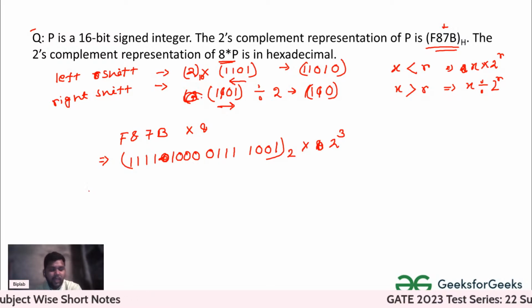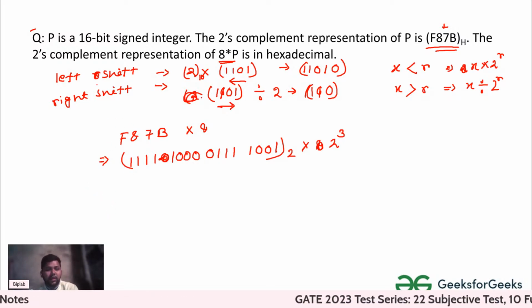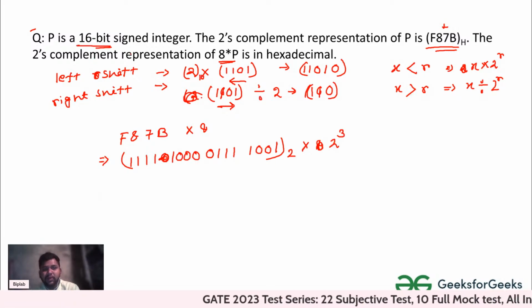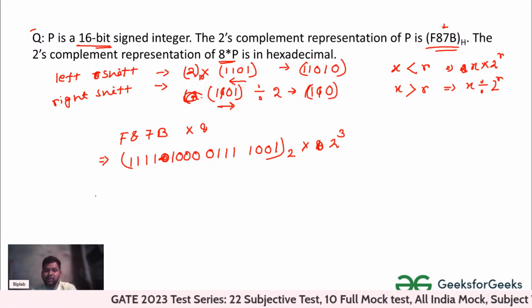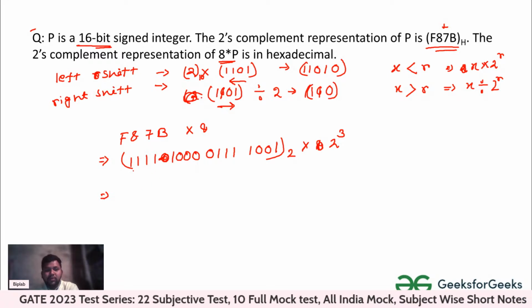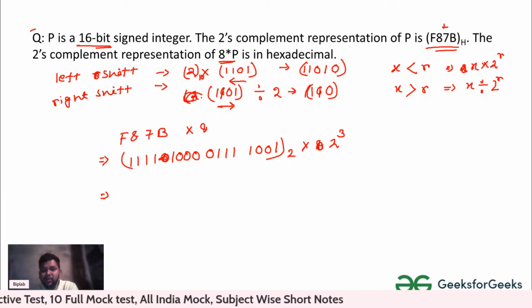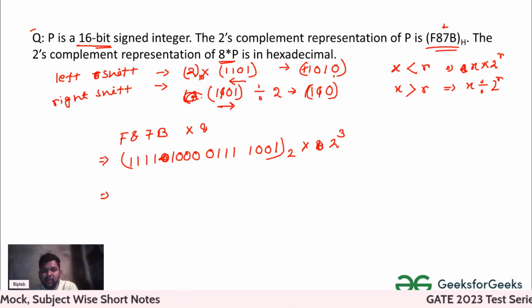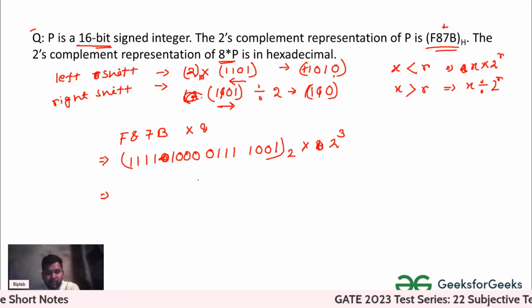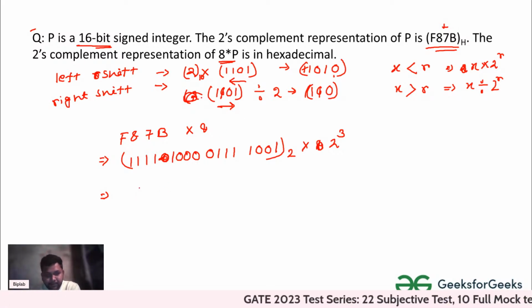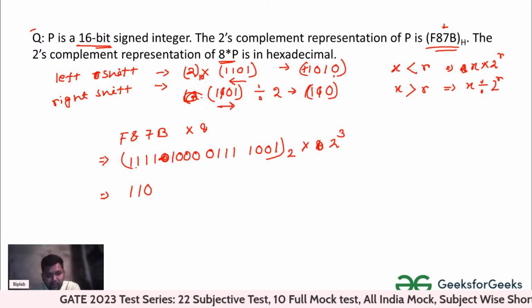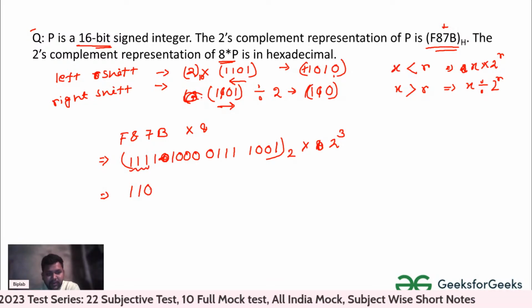But look at one thing: the number is given as 16 bit, so you have to keep it in 16 bit, you cannot increase the number of bits. Generally after a left shift the number of bits increases, so here if the number of bits increases, we will discard these. We are shifting, so these three bits will be discarded.